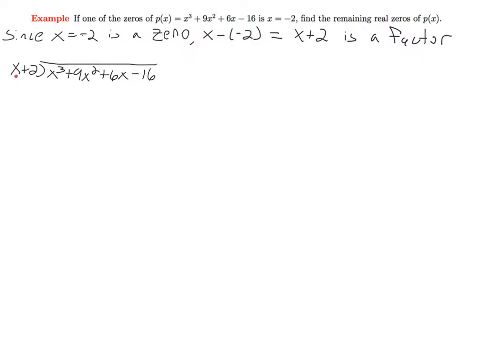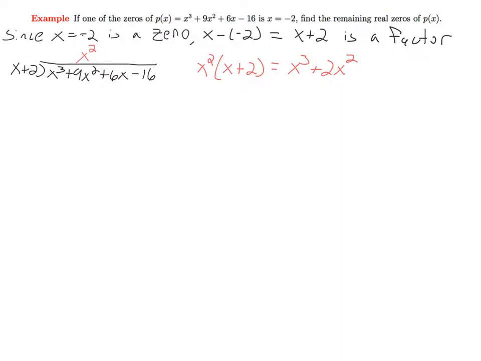I need to multiply this divisor by x squared so that the leading term will match the leading term of the polynomial. So we're going to first multiply the divisor by x squared, and doing that work on the side, taking x squared times x plus 2 gives me x cubed plus 2x squared.